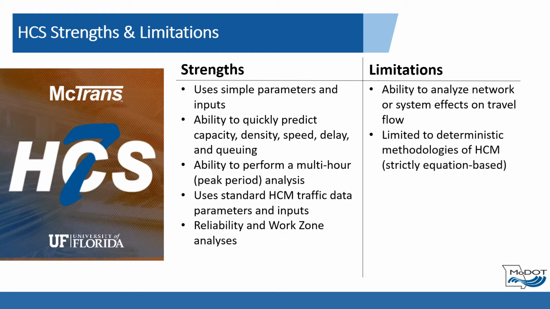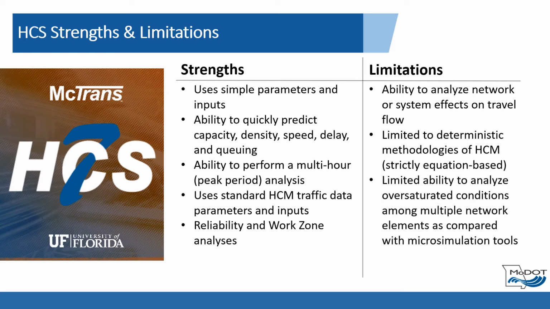Also, since HCS is limited to the deterministic methodologies of HCM, it is strictly equation-based and compared to microsimulation has only a limited ability to analyze oversaturated conditions where queues dynamically interact between closely spaced network elements such as ramps and intersections.